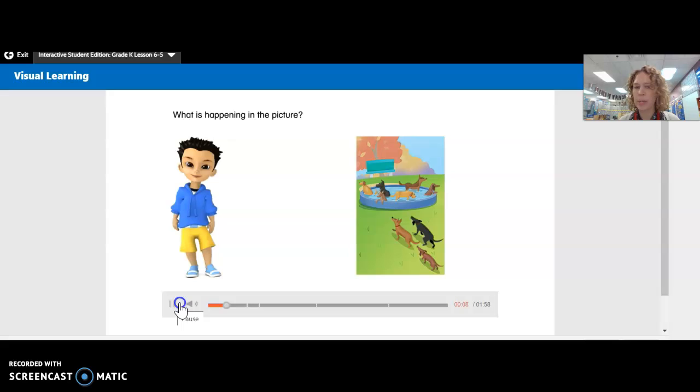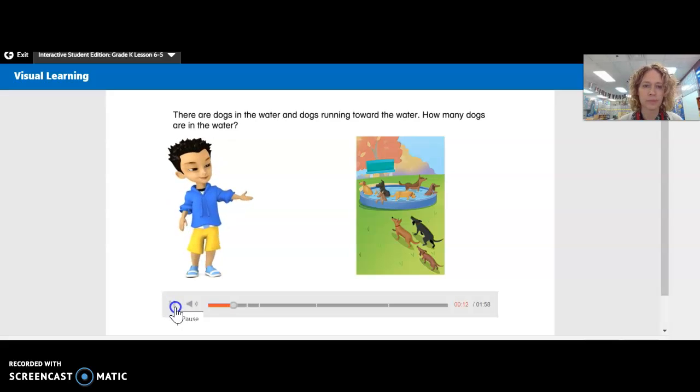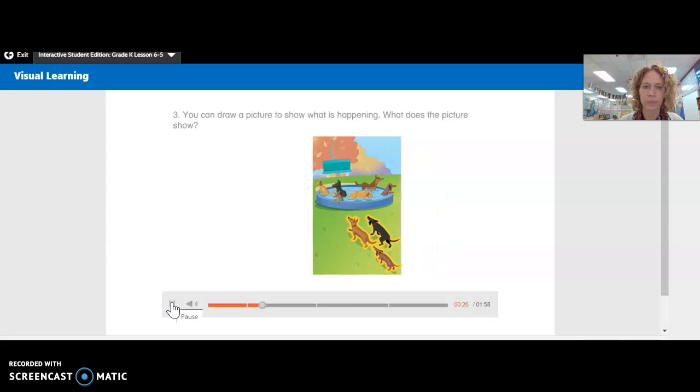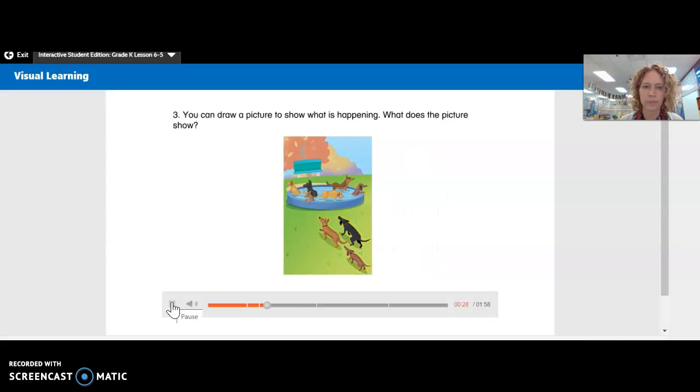What is happening in the picture? There are dogs in the water and dogs running toward the water. How many dogs are in the water? 6. How many dogs are going to join them? 3. You can draw a picture to show what is happening.